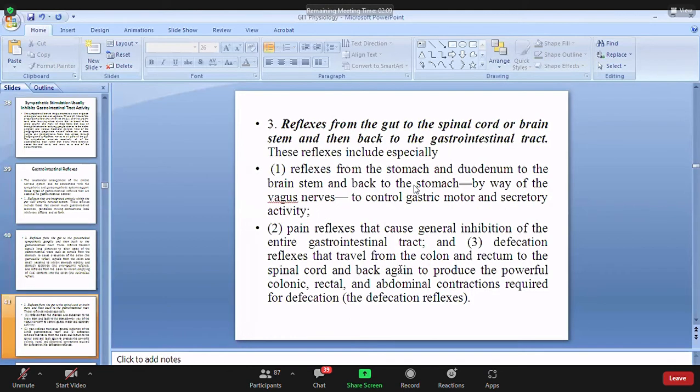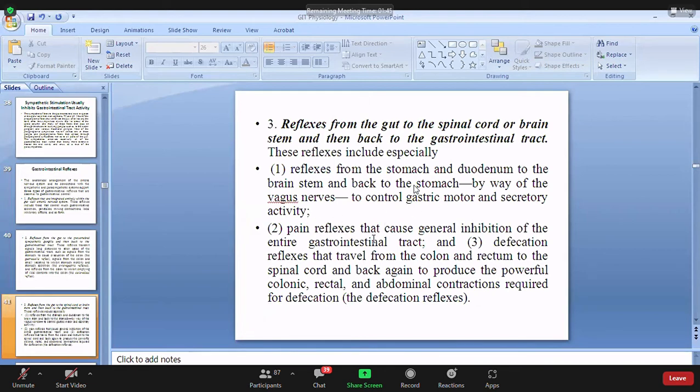Okay. And the last one is the reflexes from the gut to the spinal cord or brainstem, and then again back to the GI tract. What will fall under this? These examples are reflexes from the stomach and duodenum to the brainstem, and then back again to the stomach by way of the vagus nerve to control the gastric motor and secretory activity.